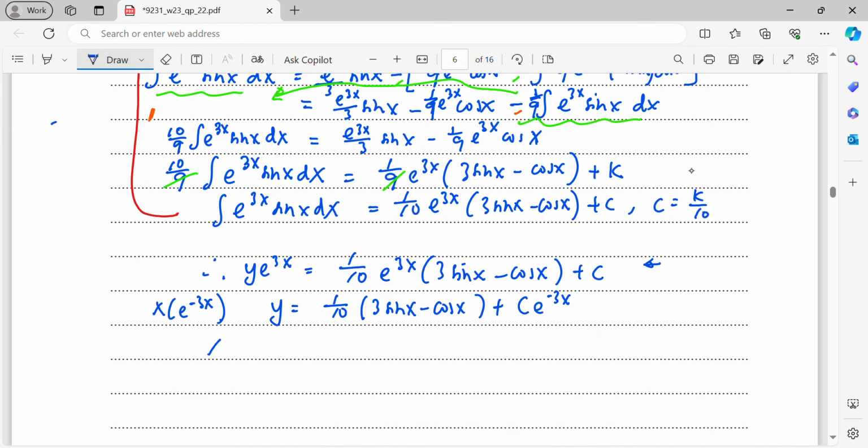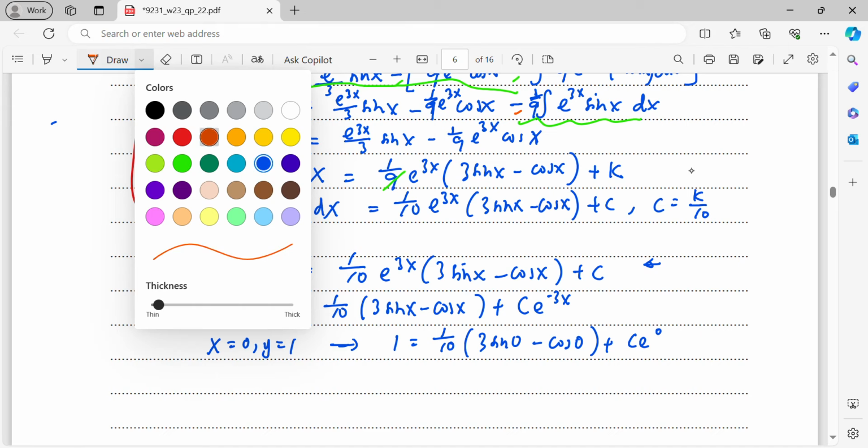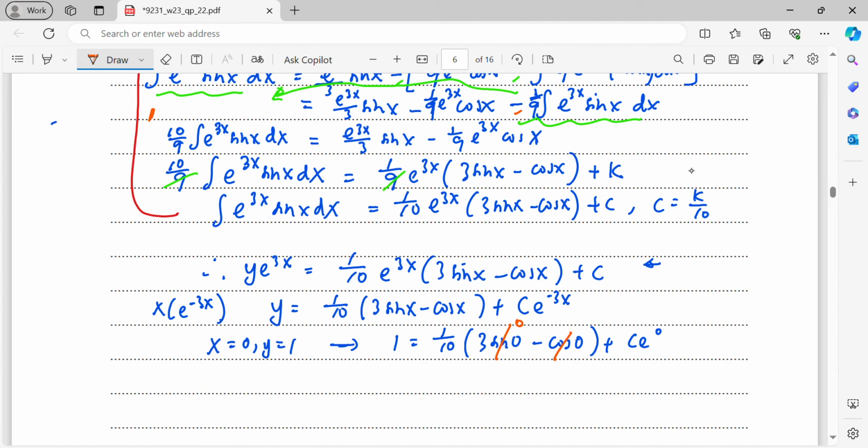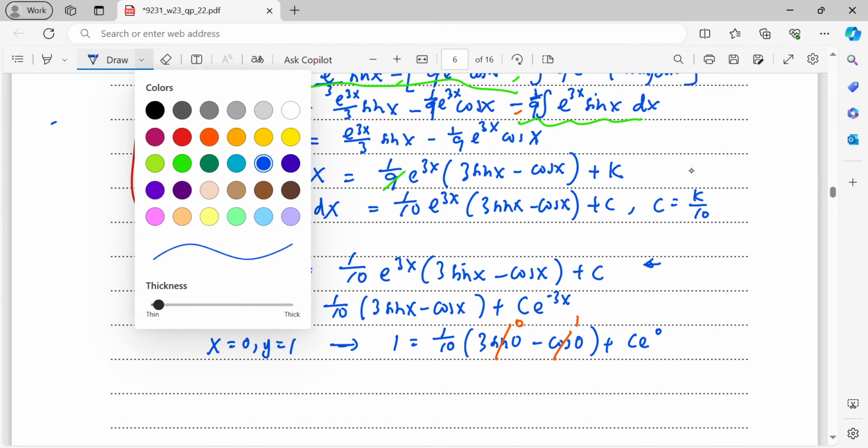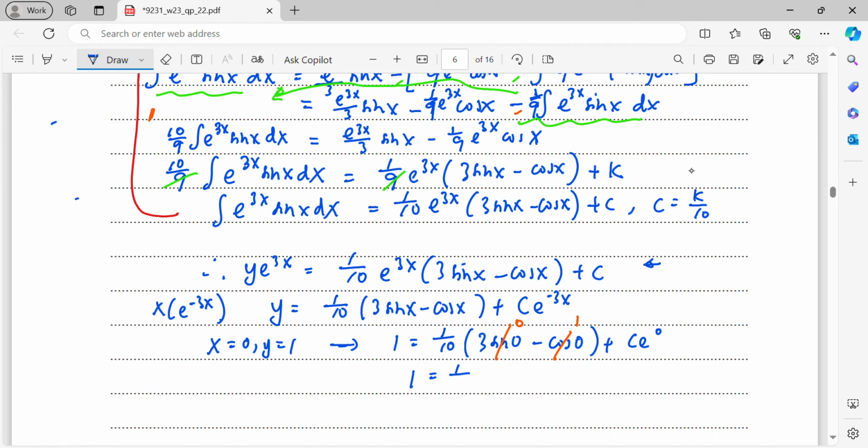So now I will write when x equals 0, y equals 1. That means 1 equals 1 over 10, 3 sine 0 minus cos 0, plus c. For your information, sine 0 is 0, cos 0 is 1. That means I will be getting 1 equals 1 over 10 times minus 1 plus c. So my c is basically 1 plus 1 over 10, which is 11 over 10.